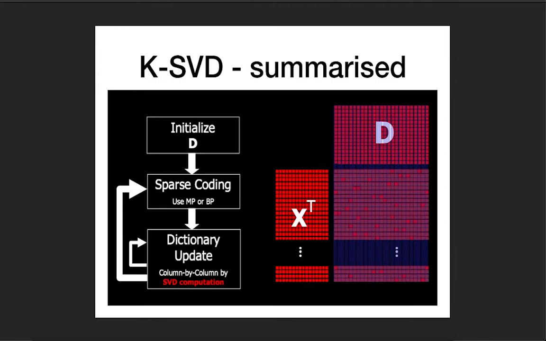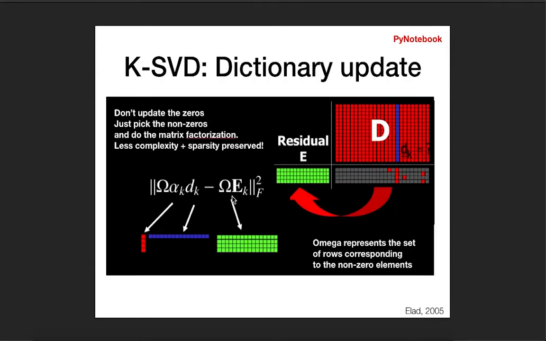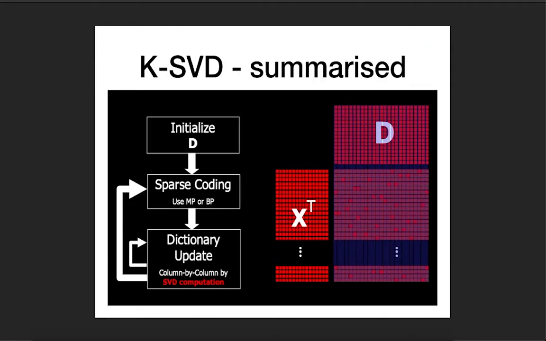Then you go to every column k and see which signals are contributing to it. Take a matrix factorization, basically do an SVD and just pick the first singular value and the corresponding vectors. Those will be your new D and alphas, and you do it over and over. That's it.